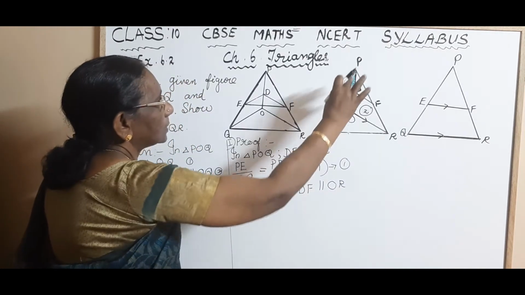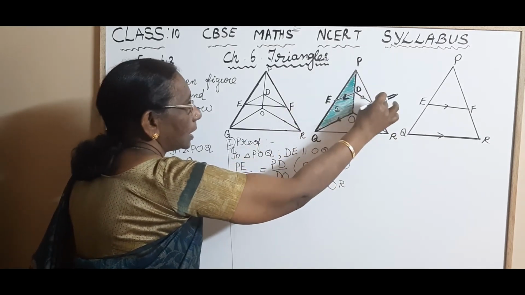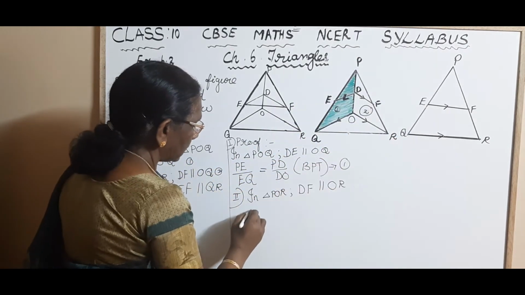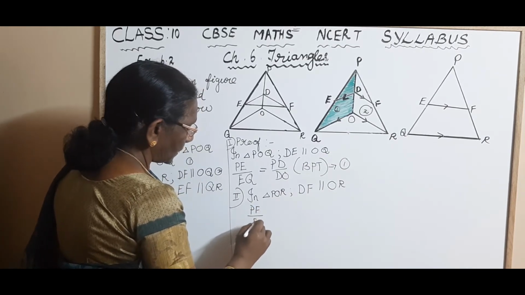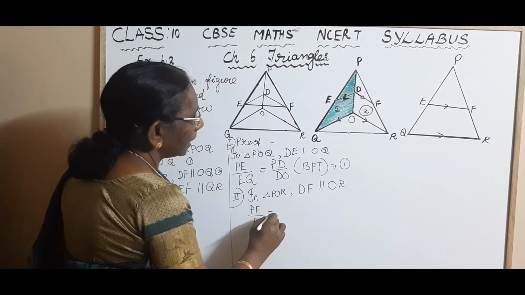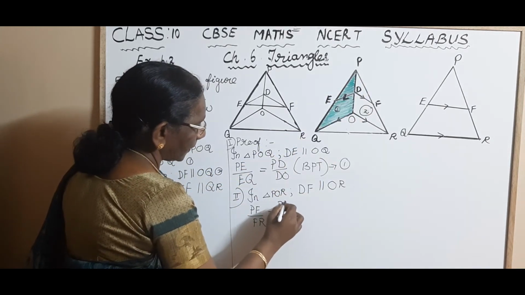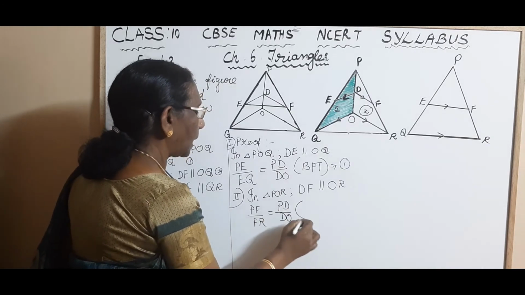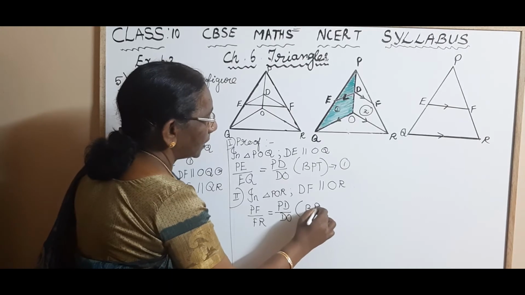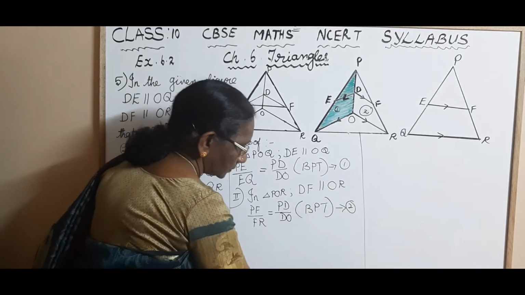So using this, which ratios are equal? PF by FR is equal to PD by DO. Again, by what theorem? BPT. Name this as 2.